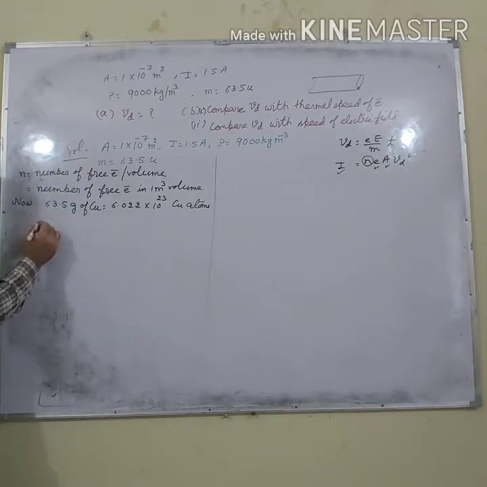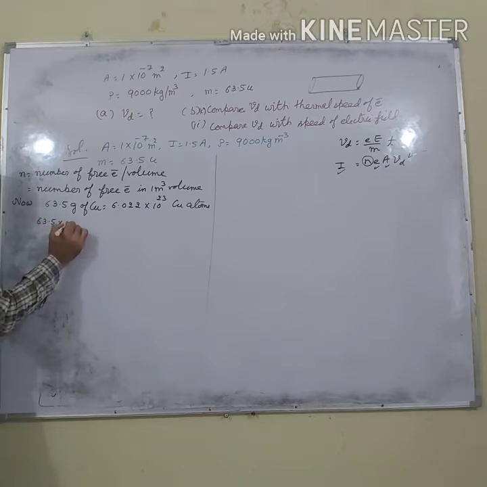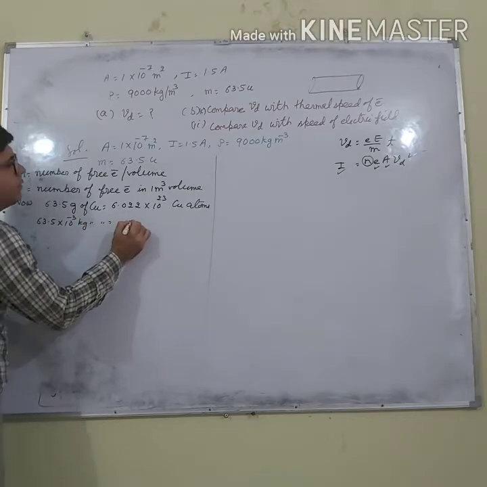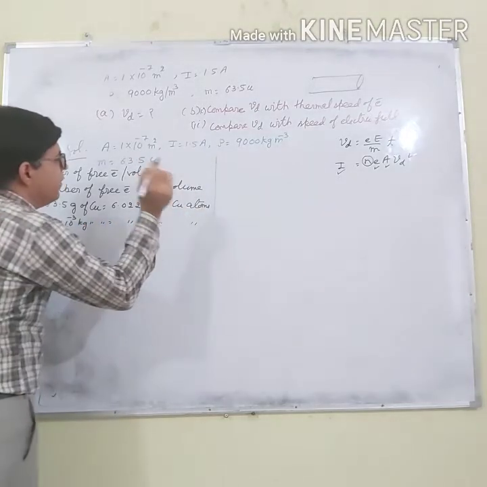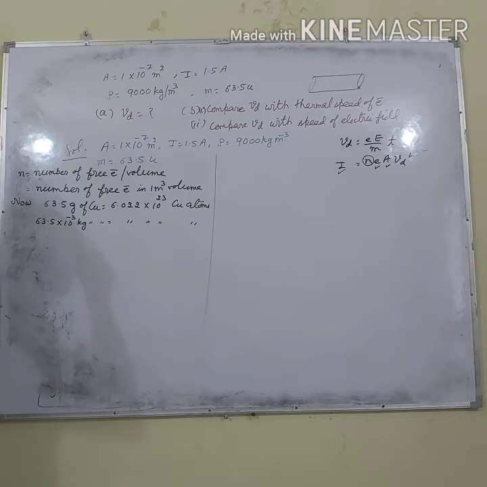If I write in terms of SI system, I can say 63.5 into 10 to the power minus 3 kilogram of copper equals the same number of atoms, that is 6.022 10 to the power 23 copper atoms.